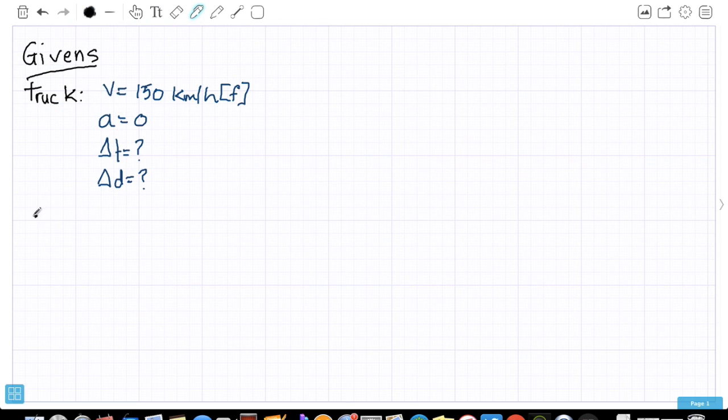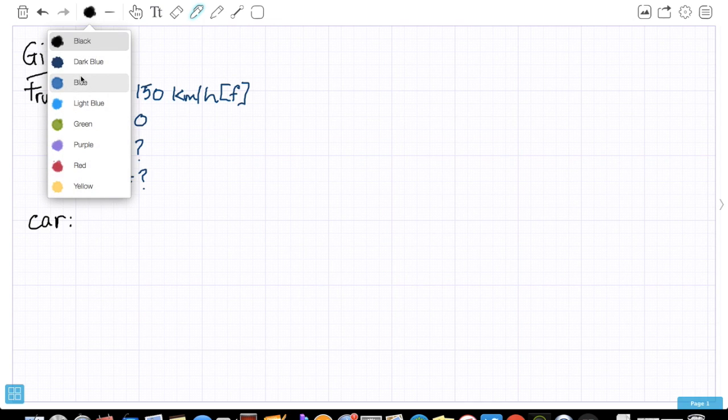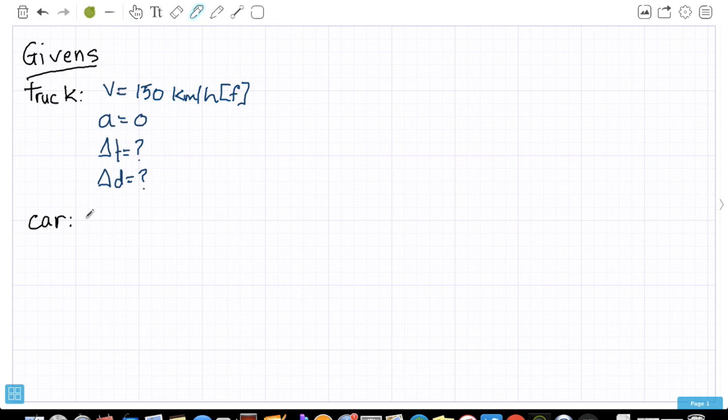Now the police car has a little bit more information. The initial velocity of the police car is 0. The acceleration is 2 meters per second squared forward.